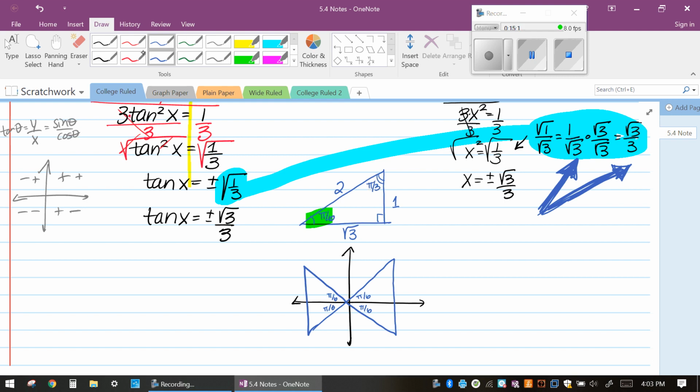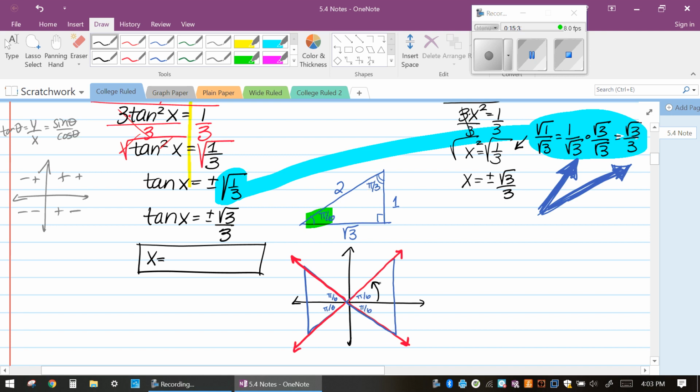Now your job is to figure out what angles these are. This first angle is just pi over 6. You start at 0, you go pi over 6 counterclockwise, so that's one answer.